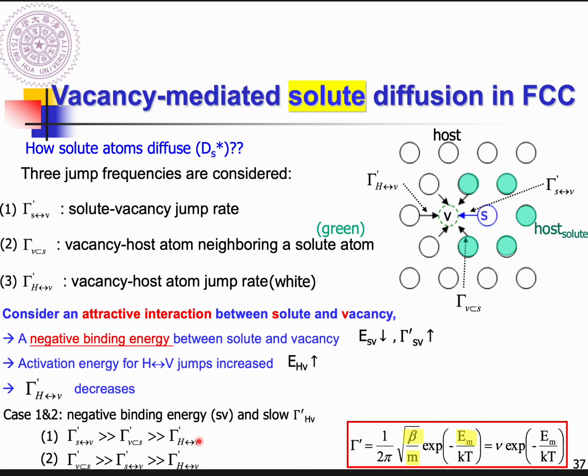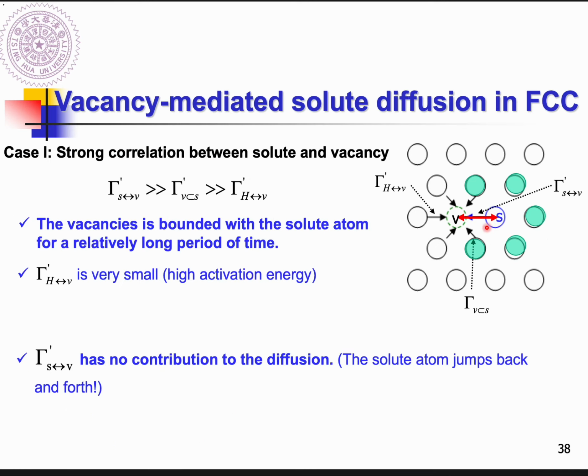So let's discuss case 1 first. We need to know, under this situation, this one is the highest, then this one, and so is this one. Under these conditions, what's the diffusivity of this solute atom?